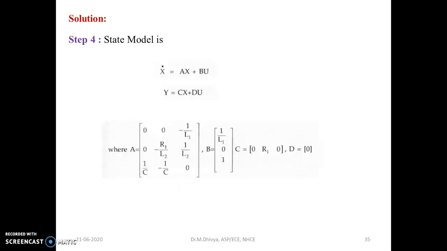Now we can write it in the generalized form as x dot is equal to A x plus B u, y is equal to C x plus D u, where A is the system matrix, B is the input matrix, C is the output matrix and D is the transmittance matrix.